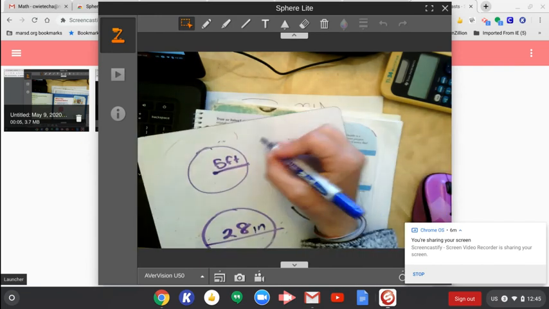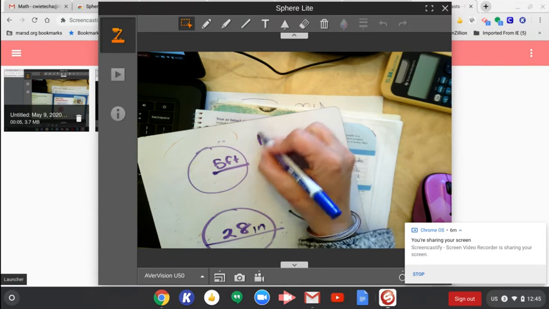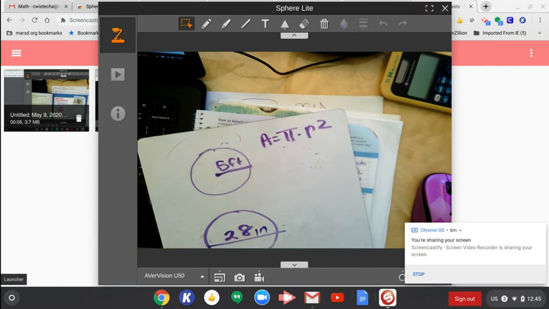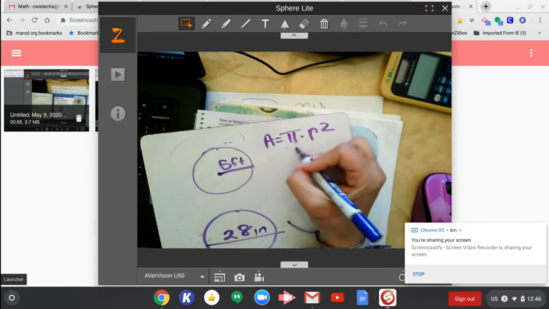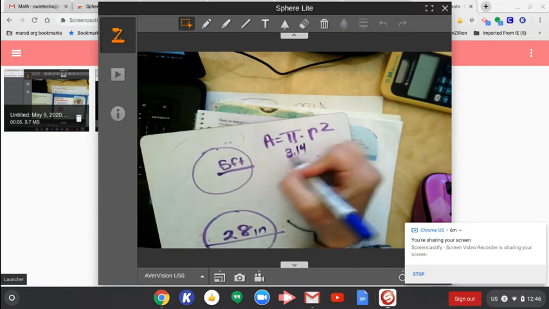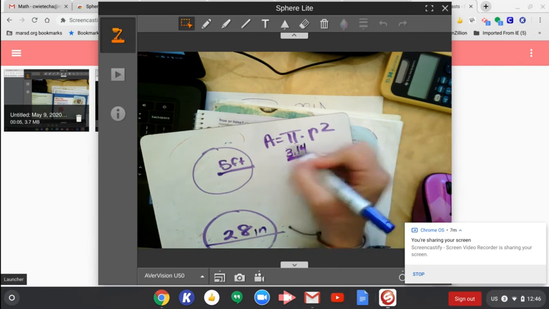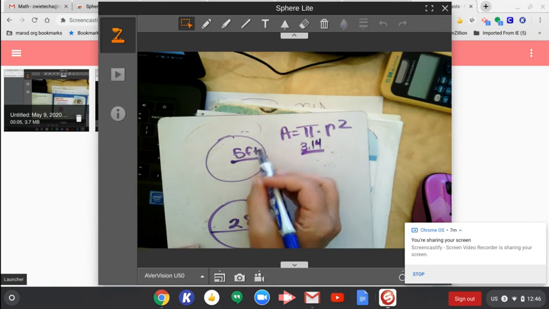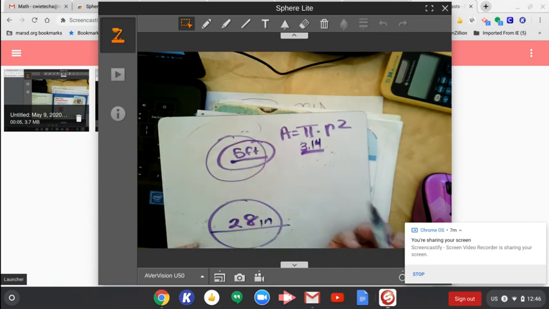Okay, so here we go. First thing, just like Pythagorean theorem, we need the formula. Okay, pi times radius squared, easy. Well, we're going to use 3.14 for pi. Pi is irrational, so we just rounded it, so it's easy to use. And here we go. So this one has the radius given. It's halfway across.